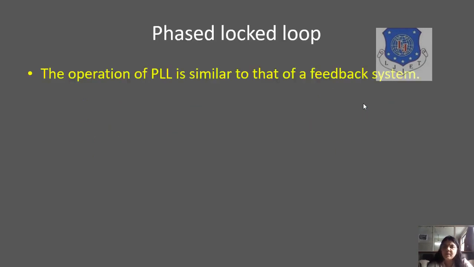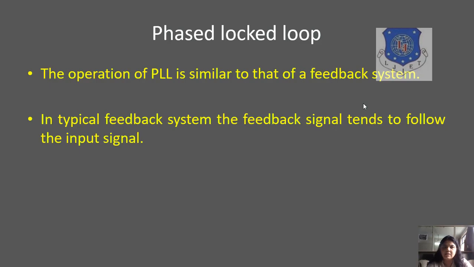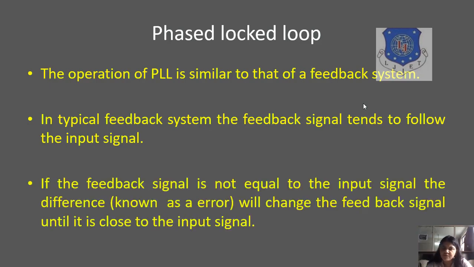The operation of the PLL is similar to the feedback system which you learned earlier. In a typical feedback system, the feedback signal tends to follow the input signal. If the feedback signal and the input signal are the same, the difference generated would be 0, so there is no error.